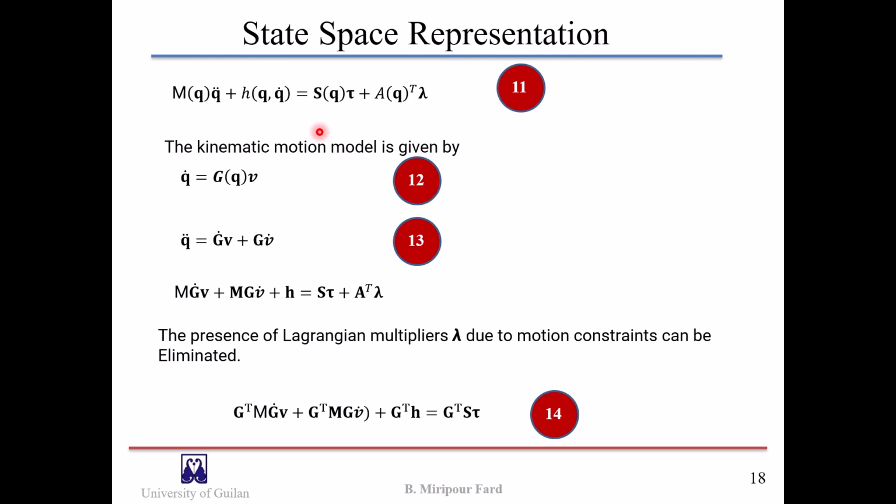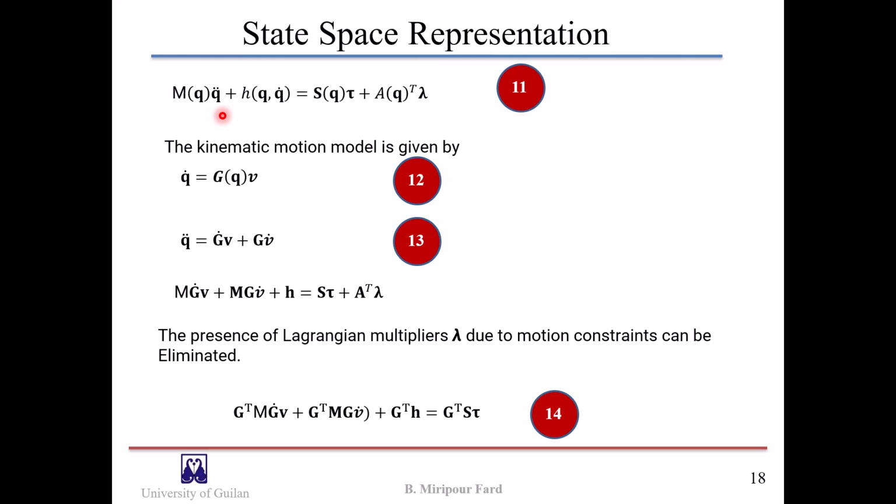Now I want to explain how to represent the state space model of the equations. As you know, this representation is very important in control. We have seen that the dynamic system can be described as equation 11, M of q times q double dot plus h of q and q dot equals S of q times tau plus A of q transpose times lambda.